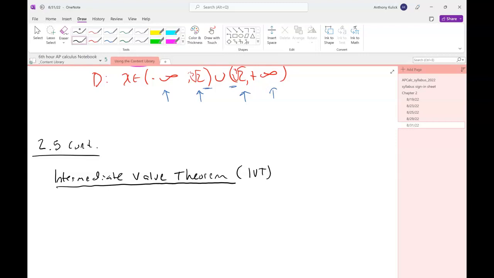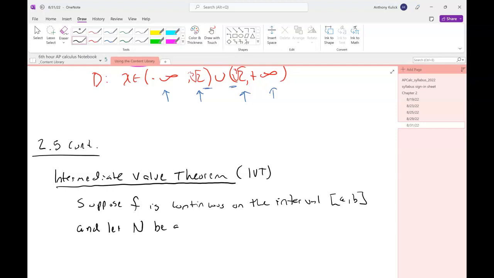3-letter abbreviated theorems. So anyways, let's say that we have some function f that's continuous on some closed interval. When I say closed, what do I mean? The brackets are at the end. And then let's also say we have some number n that's between f of a and f of b.